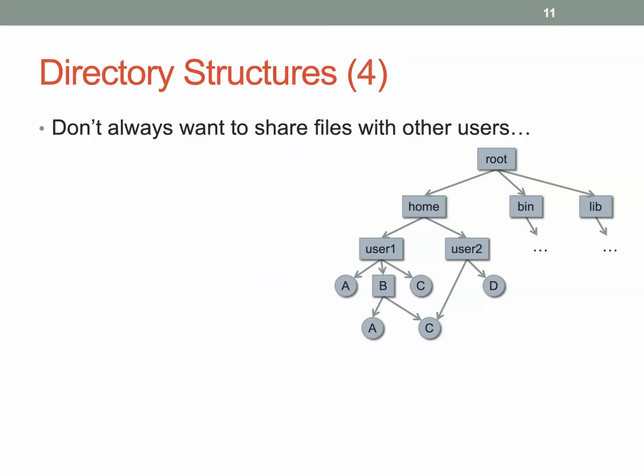Sometimes we don't want to share files with other users. Like if I'm the teacher and I'm grabbing student submissions to grade, it would be a FERPA violation for me to share graded work with other students. And it would also be, unfortunately, a FERPA violation if I was careless and allowed other students to access the graded work.